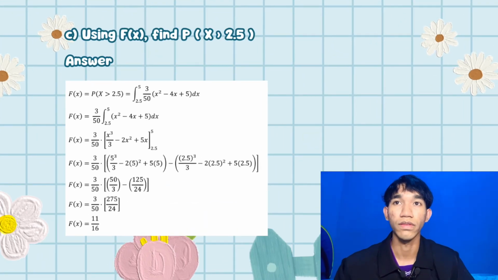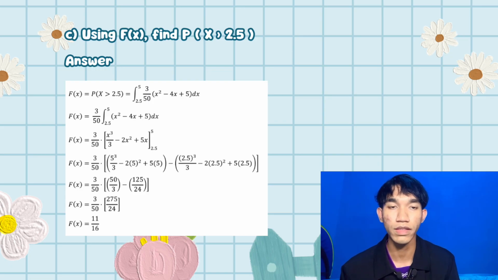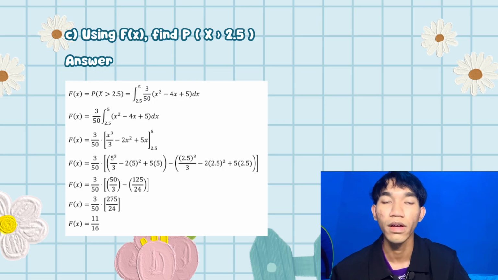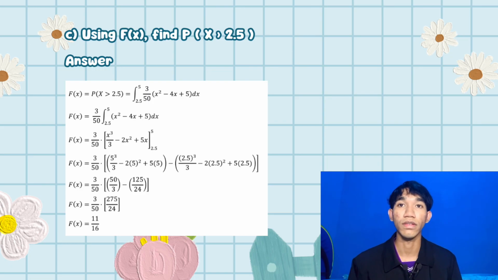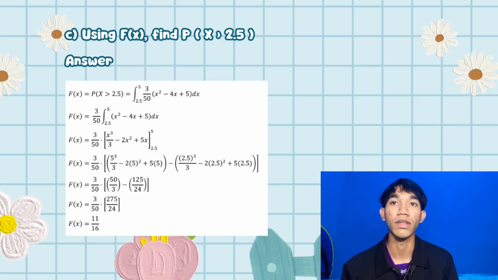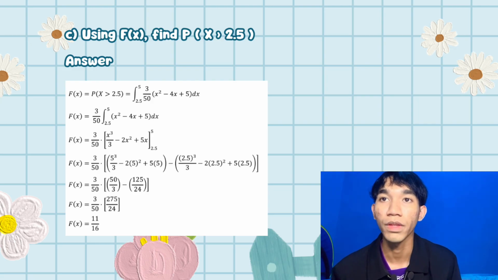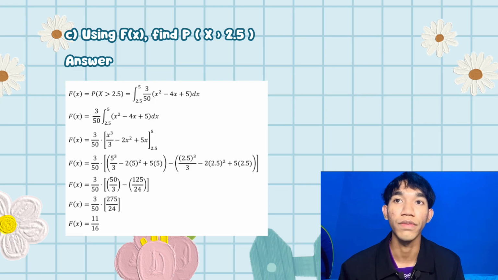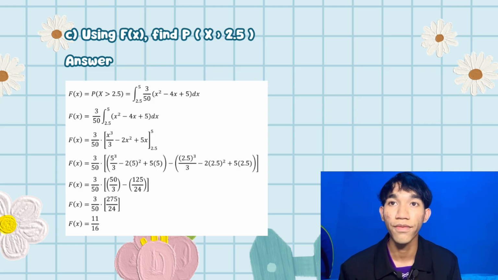For C, we are asked to use F(x) and find P(X > 2.5). So to answer this question, we just need to use the formula that we already learned, and then we substitute the limits, which are 5 and 2.5, and then we substitute the function, which is 3/15 (x^2 - 4x + 5) dx.